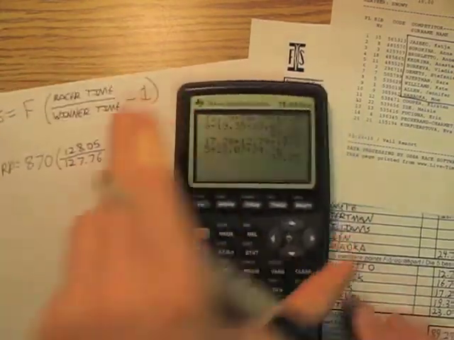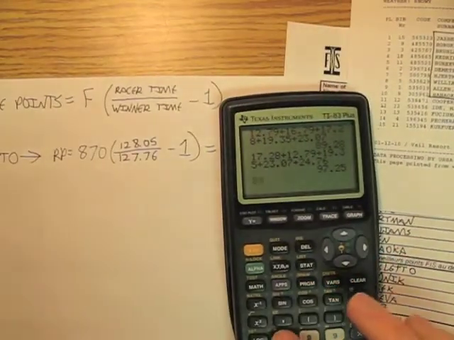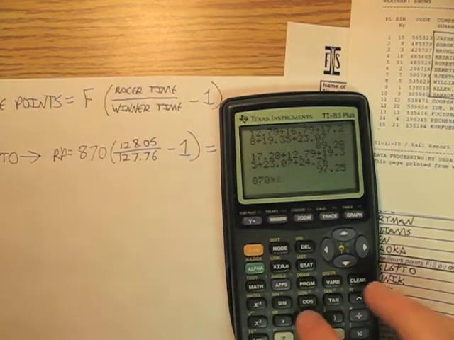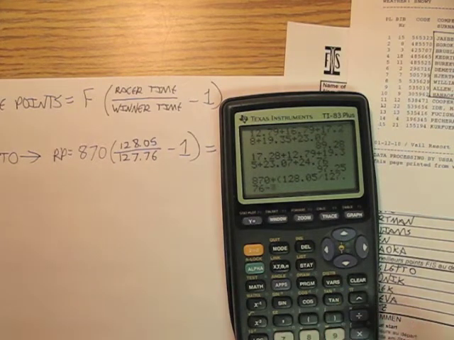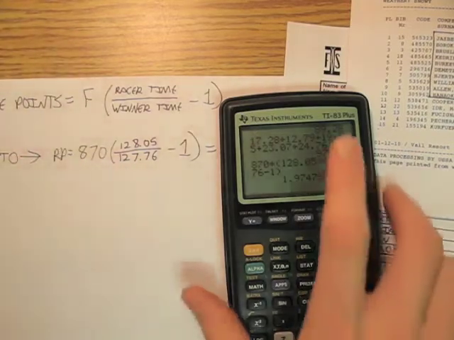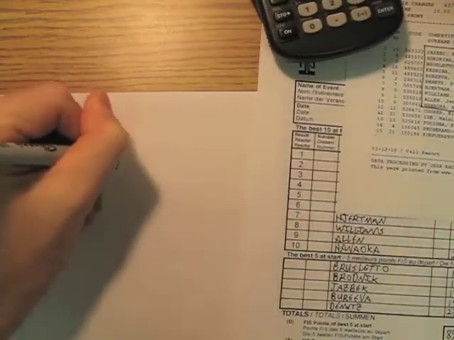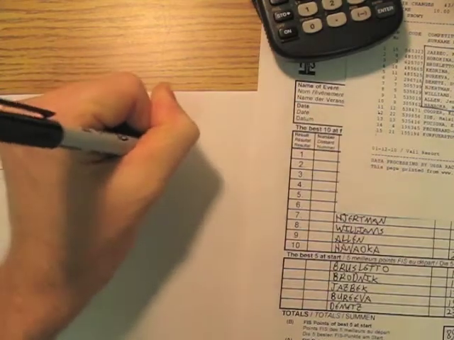So I do on my calculator 870 times parentheses 128.05 divided by 127.76 minus 1, and I get 1.974, which rounds to 1.97.